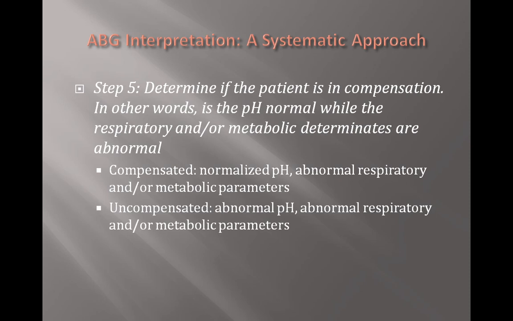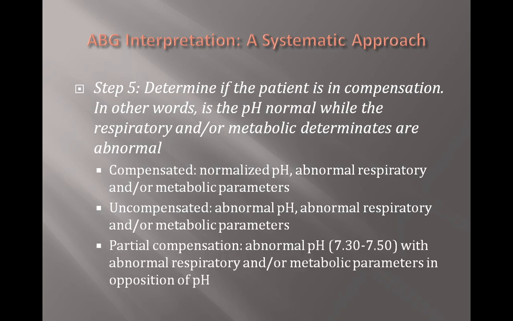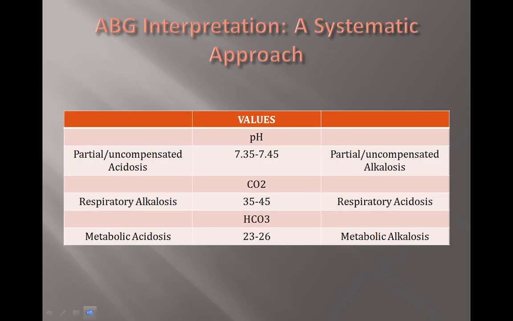Conversely, an uncompensated blood gas has an abnormal pH and an abnormal respiratory and/or metabolic parameter. Finally, not to confuse matters too much, but you could see partial compensation. This would look like a slightly abnormal pH with abnormal respiratory and/or metabolic parameters.